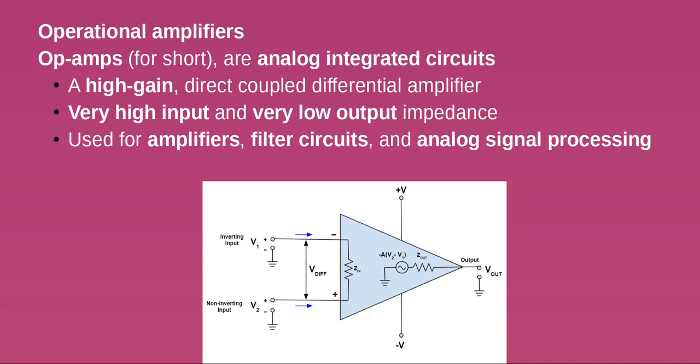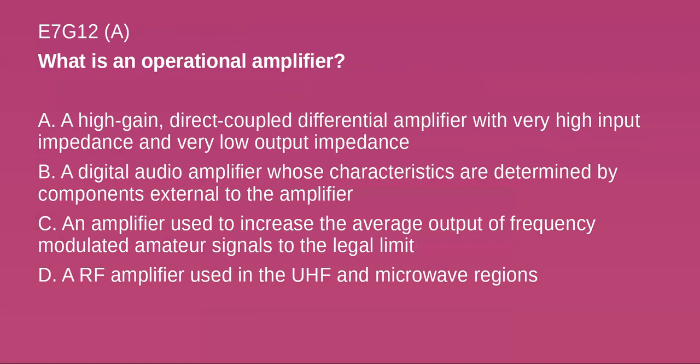And it has a gain of 10,000 or more, extremely high gain, which is what allows you to use it in a lot of these configurations, which we talk about. So you can do filters and amplifiers and comparators, differential amplifiers, all kinds of nifty things.